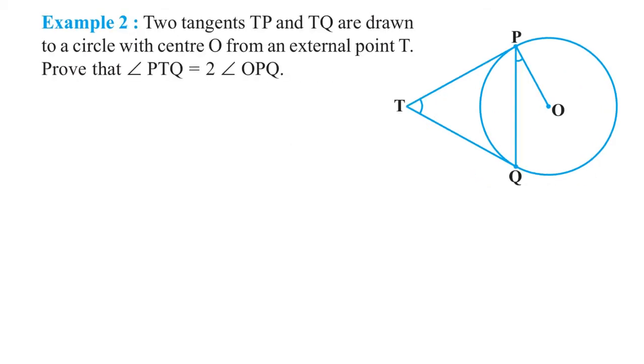Let's try this. Two tangents TP and TQ are drawn to a circle with center O from an external point T. Prove that angle PTQ is equal to 2 times angle OPQ. So, we need to show that this angle is 2 times this angle.